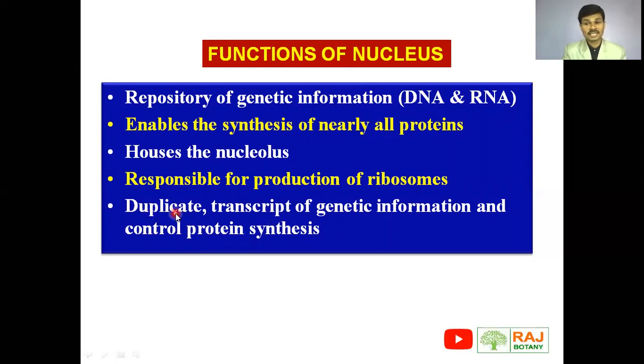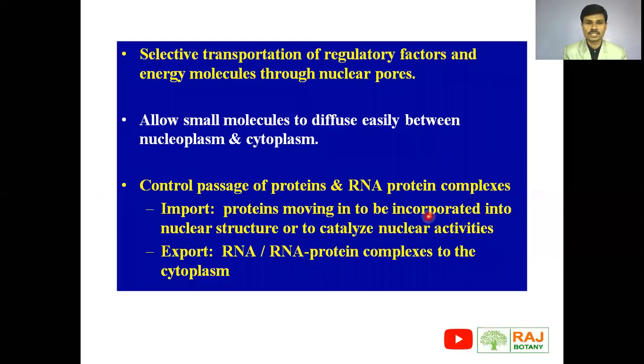Duplicate refers to DNA replication or DNA duplication. Transcript means formation of mRNA from the DNA. That's why it is written here, transcribe genetic information. And both DNA and mRNA play a major role in protein synthesis.